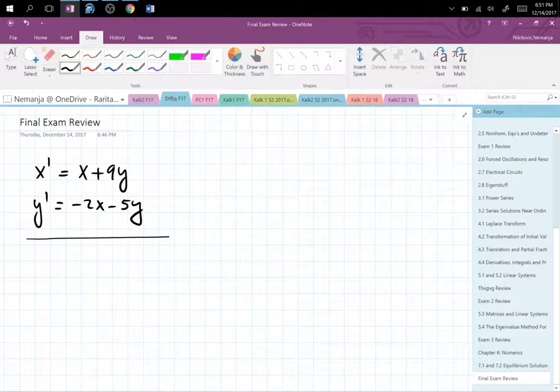The fastest and easiest way to deal with that is to locate the single variable. Here is x, right? The others have 9 and negative 2 and negative 5. So if you have one of these that has a coefficient of 1, that's your buddy. So you are going to solve for x, and that x is x prime minus 9y, right?